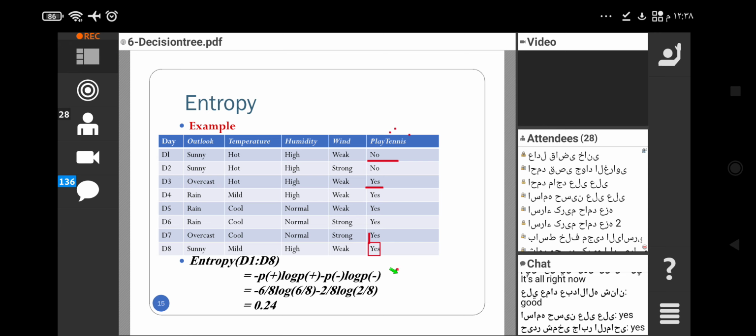Entropy is a value between 0 and 1. And it's better to have a 0 value. If the data has a 0 entropy, that's better for us.